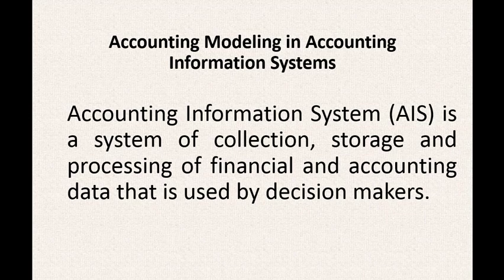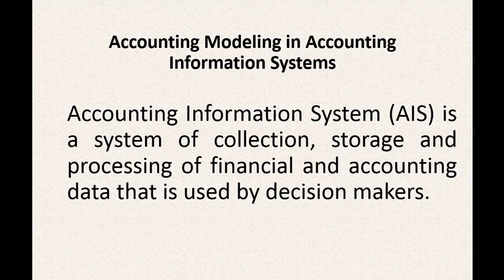Now, as far as accounting system is concerned, there also you can see there are three key parts. You have inputs, there's a process and output. So we can see accounting system consists of three main components of an information system.